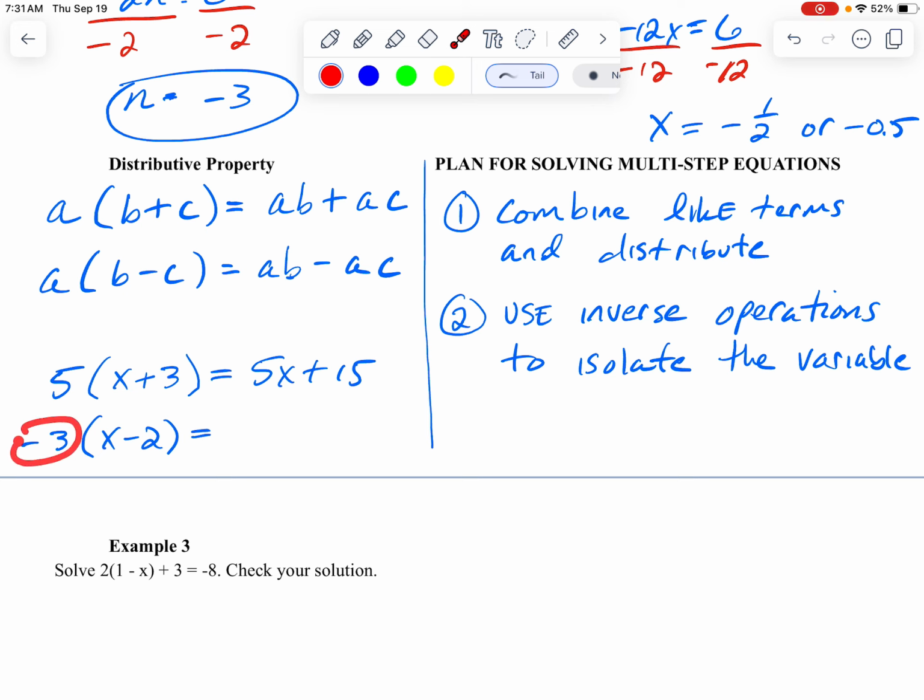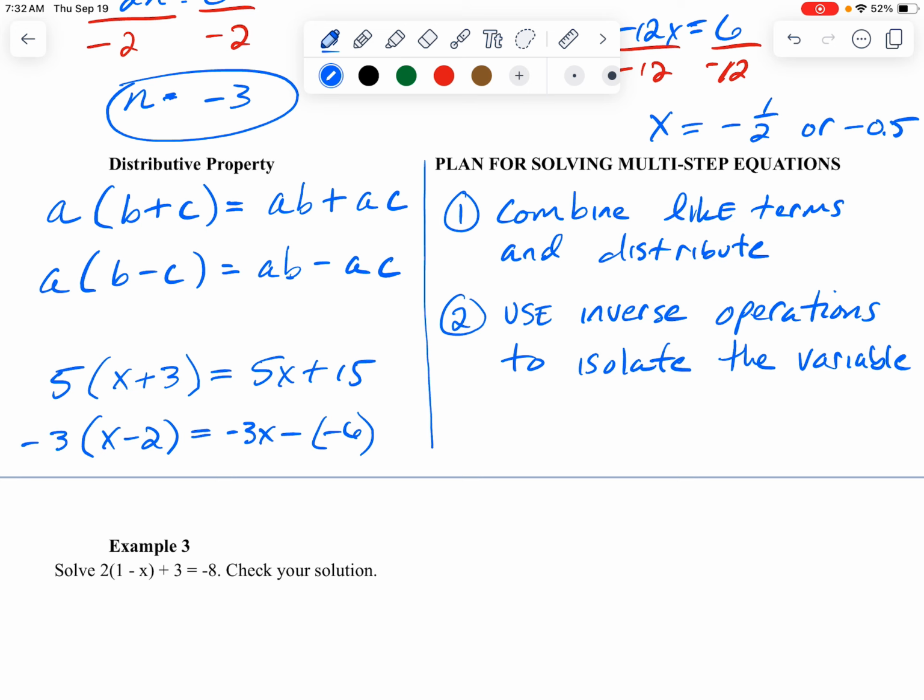So I'm going to do it this way. Negative 3 times x is negative 3x. I'm just going to take that negative sign and bring it right over. So minus. Since I brought that sign over, I've already used both of these things. I've got negative 3 times 2 is negative 6.